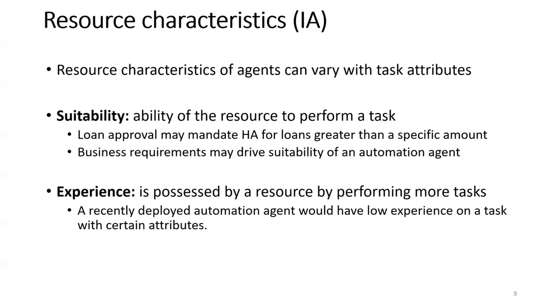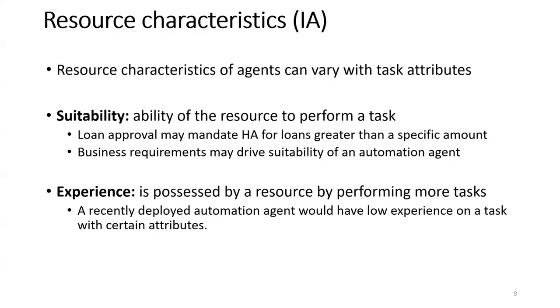There could be other resource characteristics that vary with task attributes, like suitability. There might be certain business requirements that mandate an HA doing a particular task, in which case the IA and RA may not be suitable for that task.